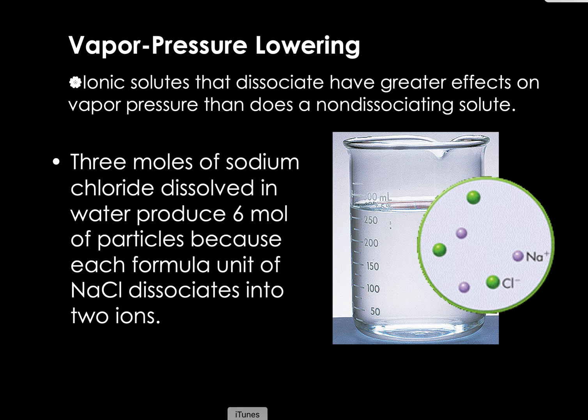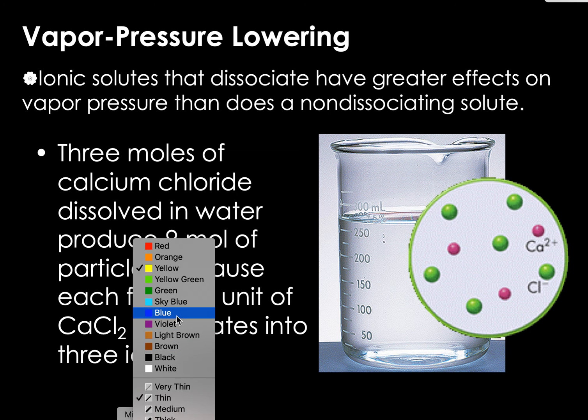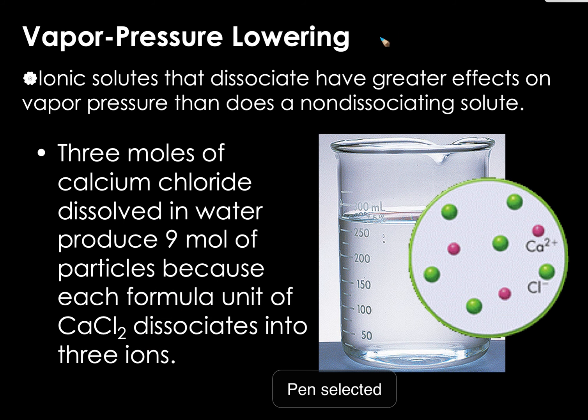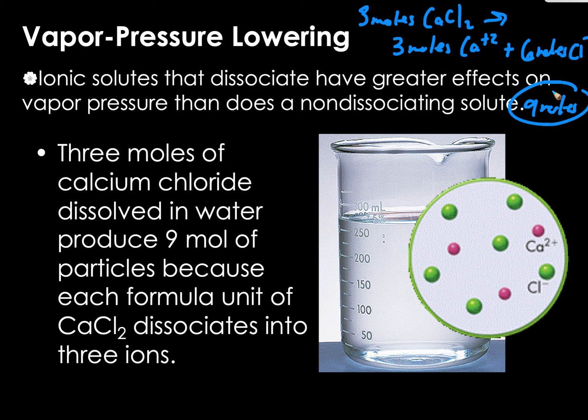So the next one, say we have 3 moles of calcium chloride. And we break it up into 3 moles Ca+2, and then since there's 2 apiece, we would have 6 moles Cl-, so a total of 9 moles altogether.